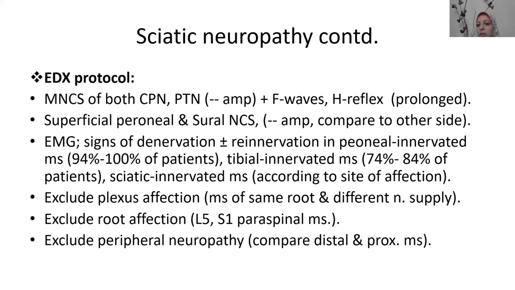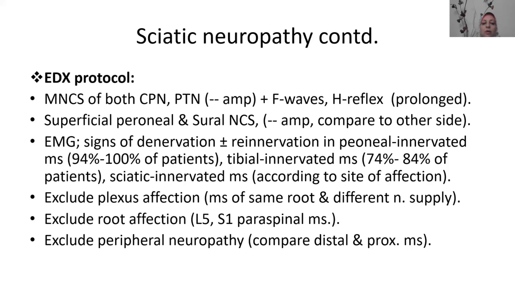The finding will be either prolonged waves or absent. Sensory: superficial peroneal and sural nerve conduction study. Also, we will find either reduced amplitude or absent responses, and it's advisable to compare to the unaffected side.